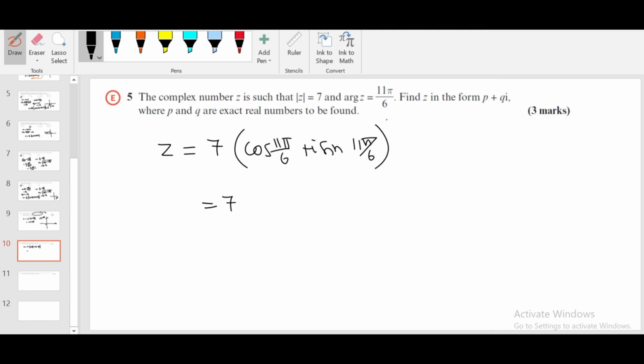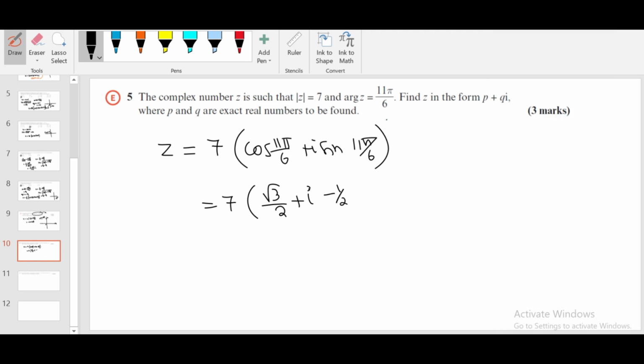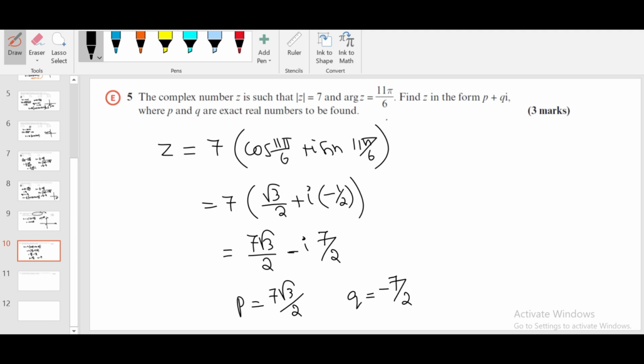So 7 times root 3 over 2 plus i times sine, which is minus 1 over 2. Multiply through by 7. You'll get 7 root 3 over 2 minus i times 7 over 2. That's all. So you can write p is equal to 7 root 3 divided by 2, q is minus 7 over 2. It's an easy 3 mark question. Let's move on to the next question.